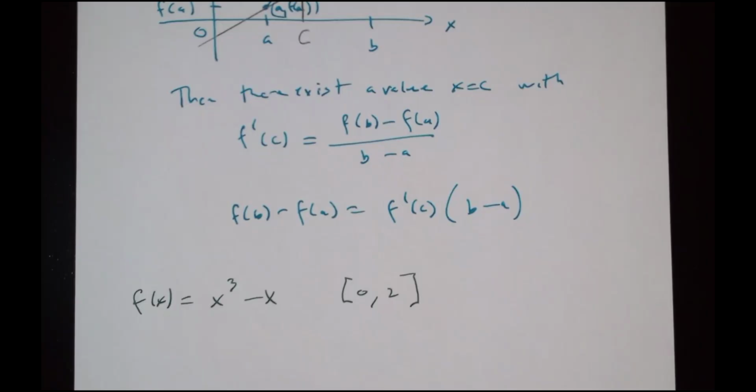Whenever I'm going to use a theorem, I have to make sure that I'm allowed to use that theorem. Do I satisfy all of the hypotheses for our theorem? The mean value theorem has two hypotheses. My function needs to be what two things?